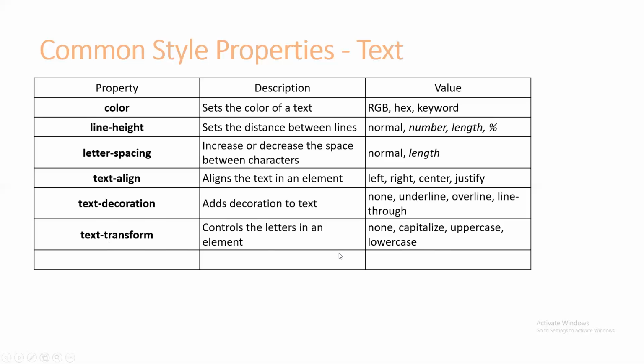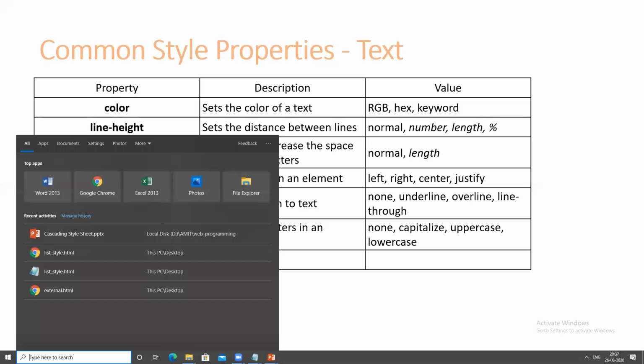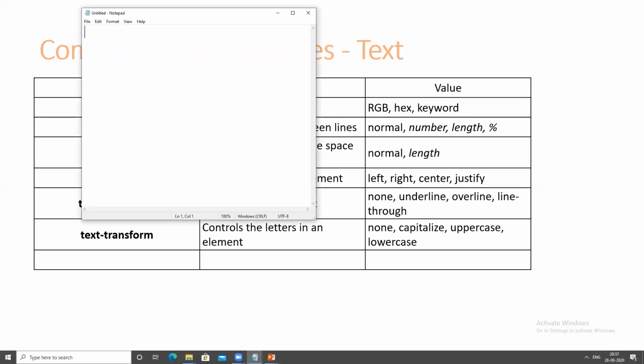Let's see one example of text properties so that the concept is clear. Here I open Notepad. I start the coding with the HTML tag. I write the title, text properties in CSS.